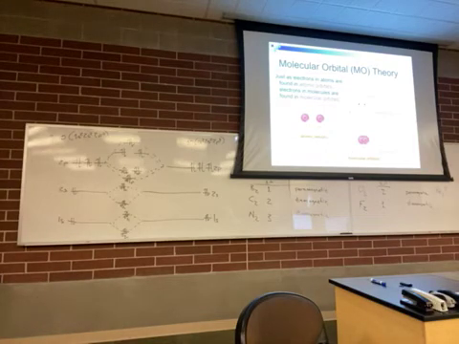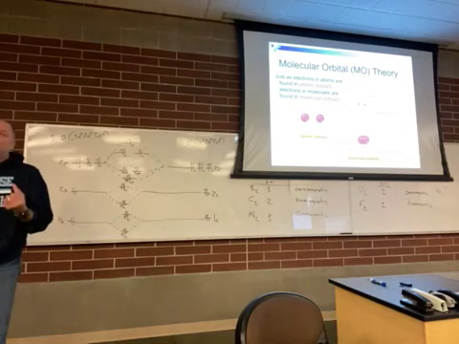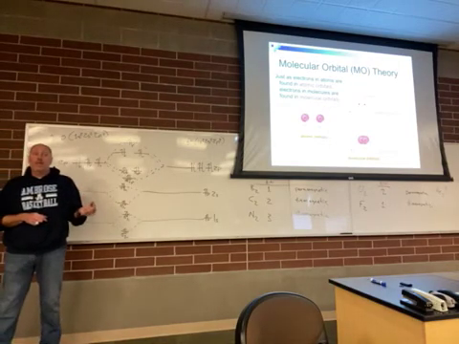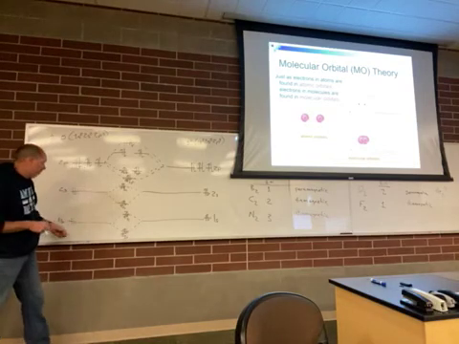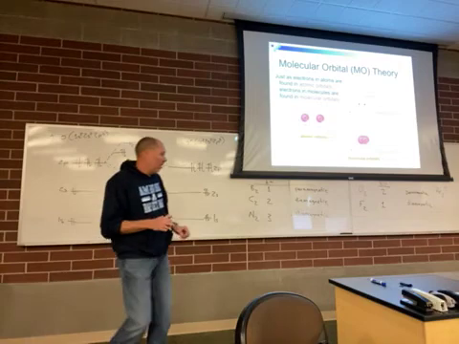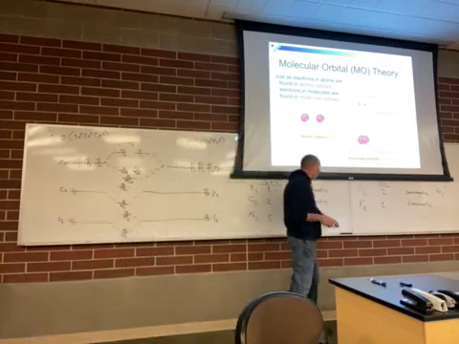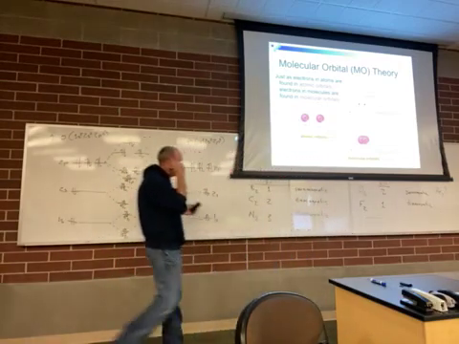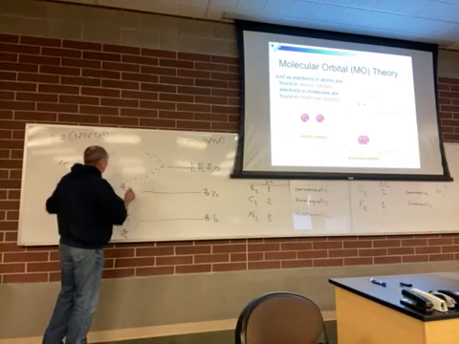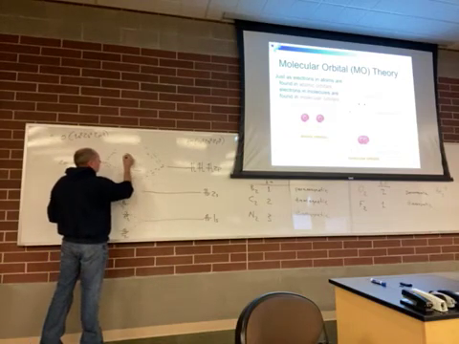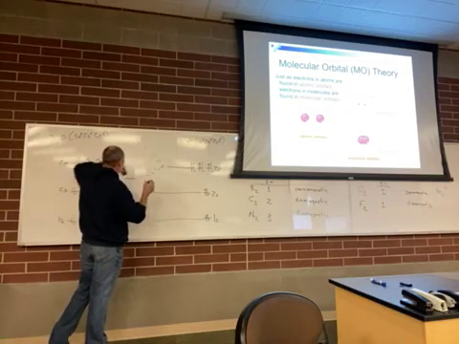Okay? Now, great question that I think was asked twice. What happens when I don't have the same atom? Stay with me. So let's get rid of our electrons here. Okay, what happens? Actually, let's just leave these out.